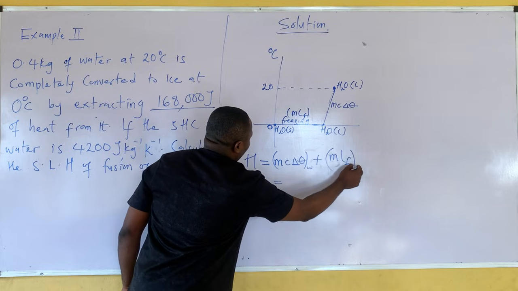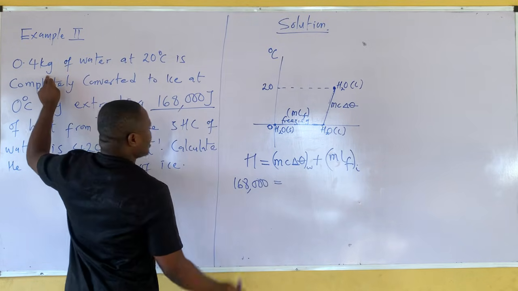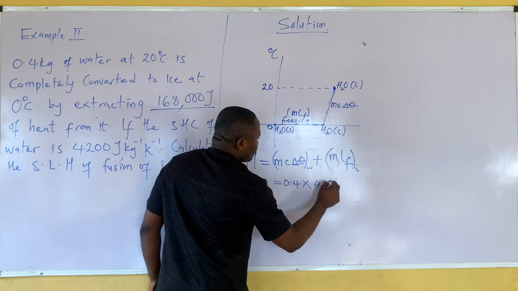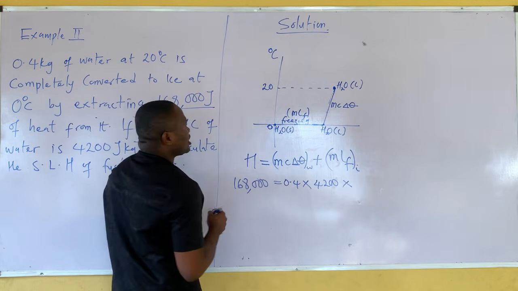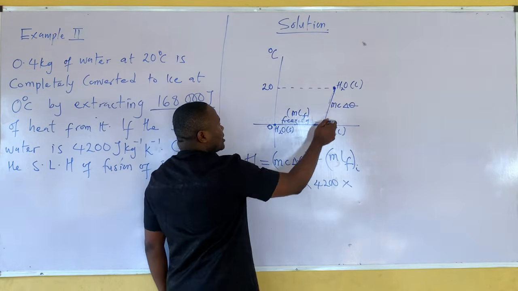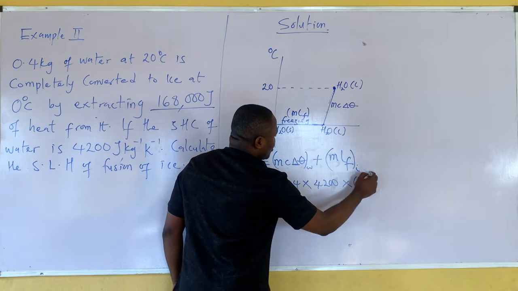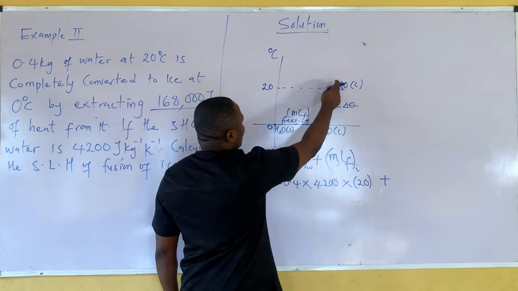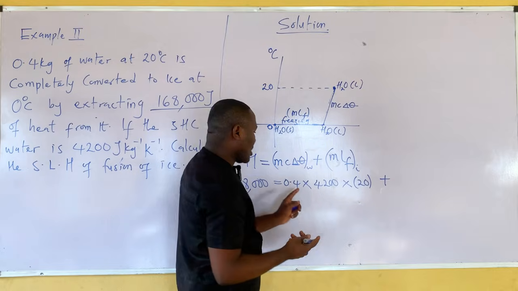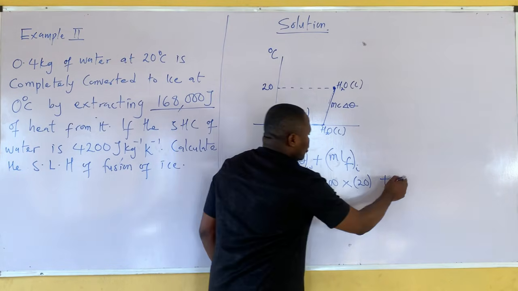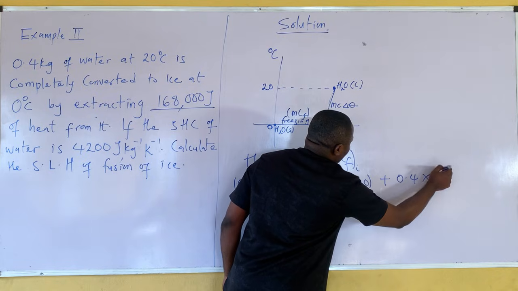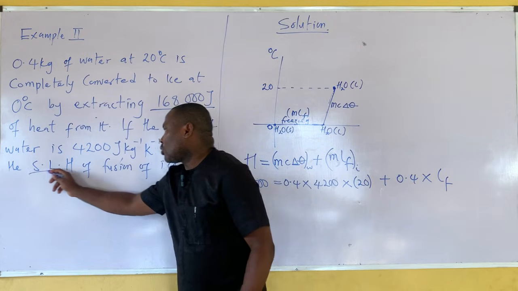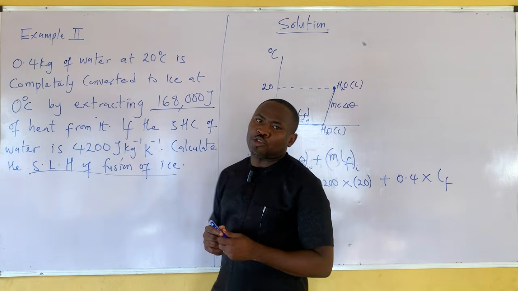So the mass of water is 0.4 times the specific heat capacity of water, 4200, times the change in temperature, for water is changing from 20 to 0. So the difference is 20, then plus the mass is the same mass of water that is becoming ice, so I'll still maintain 0.4. So it's 0.4 times L_f, latent heat of fusion. That's what we are looking for, the specific latent heat of fusion of ice.